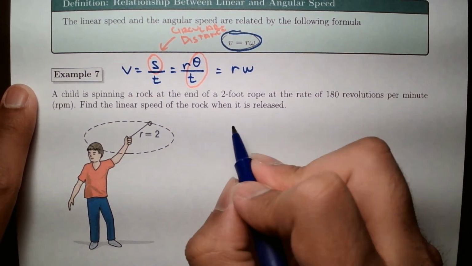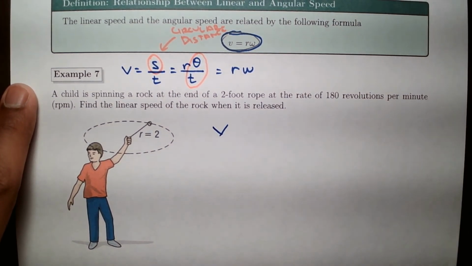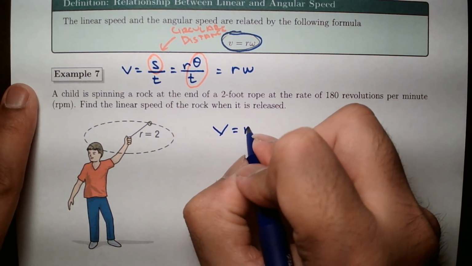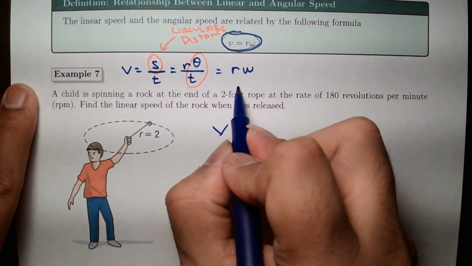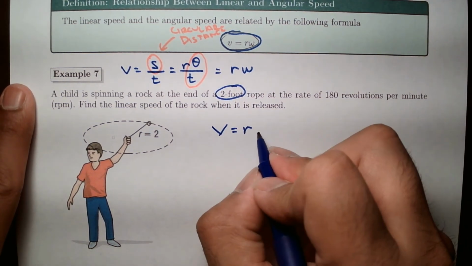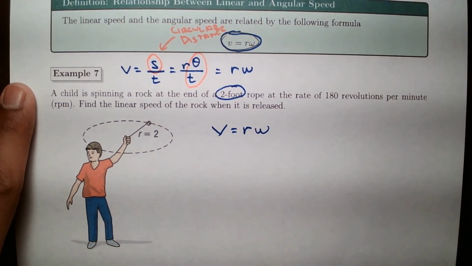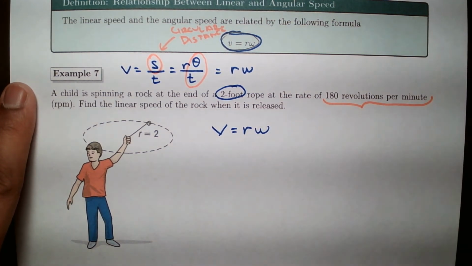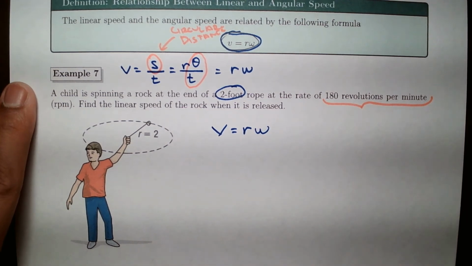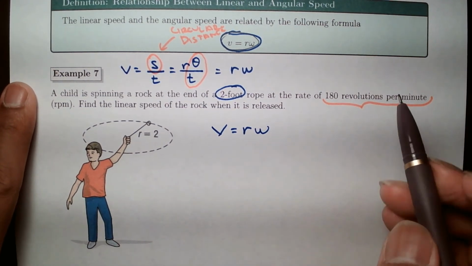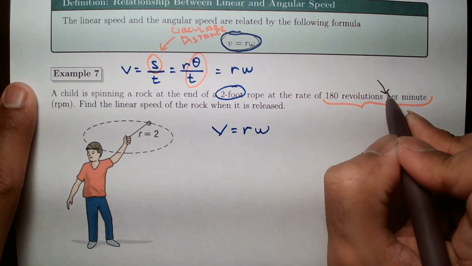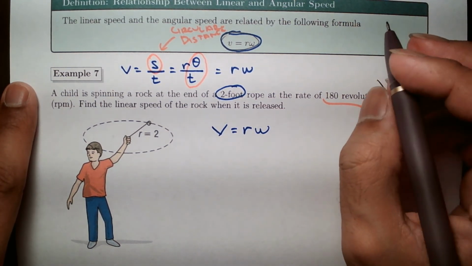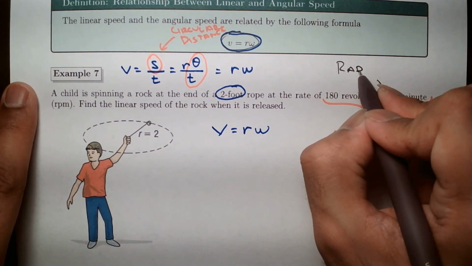They want us to find the linear speed, which is v, and it's given by the radius, which is 2 feet, and omega. But be very, very careful with the omega. 180 revolutions per minute, we cannot just multiply by 180. We need to convert these revolutions per minute into radians per minute.